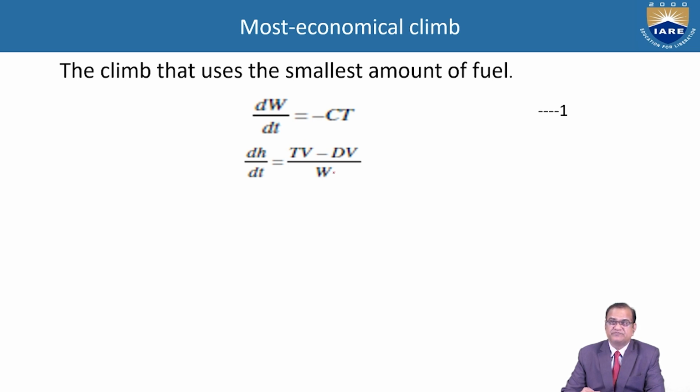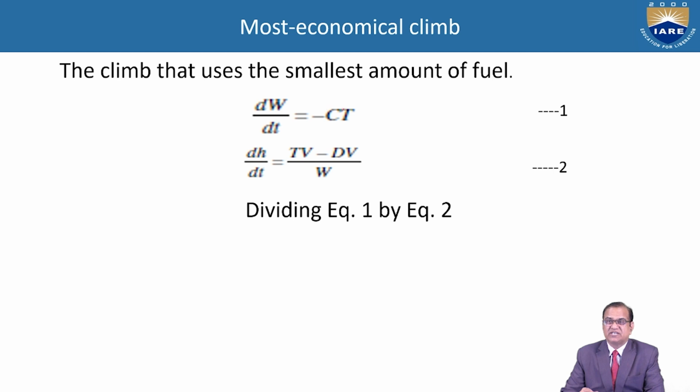This we have already seen. Now if you divide equation 1 by 2, then dt and dt will cancel. So now dW by dH is equal to minus CTW divided by (TV minus DV). I think it is very much clear.